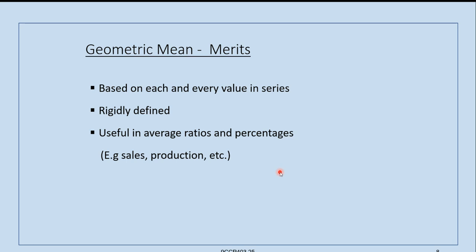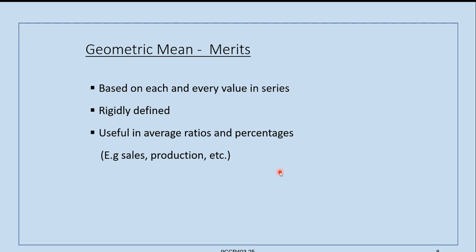So when weights are given, even weights are taken into account for calculating the arithmetic mean. So every single item, whatever the nature of the item may be, we take into consideration for calculating the arithmetic mean. In the same way, every value given in the series is taken for calculating the geometric mean. That means it is very reliable and appropriately calculated.